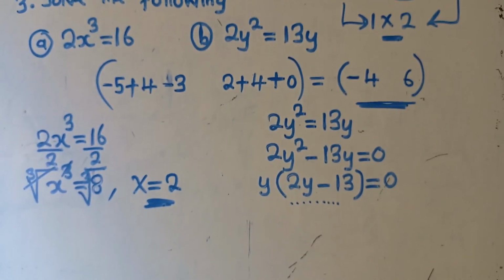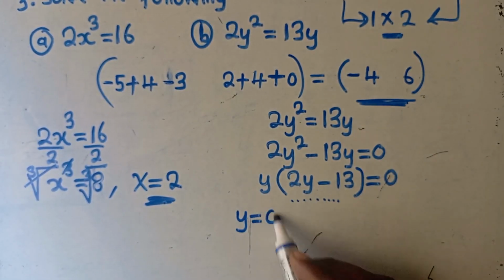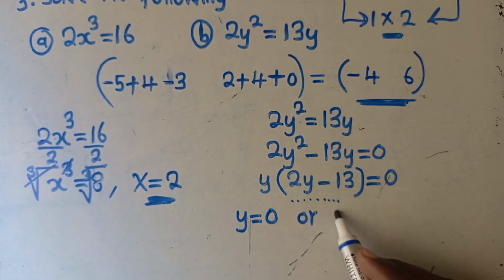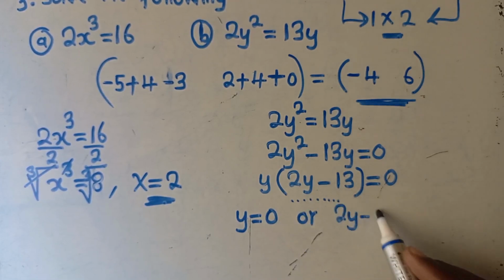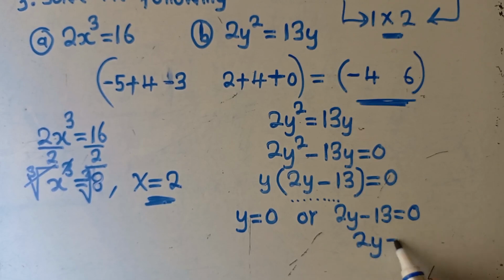So what we are going to do here, I'm going to say this is y is equal to 0, or I'm going to say 2y minus 13 is equal to 0. I now solve this, where I'm going to have 2y is equal to, when this one goes to the other side, it becomes 13. I divide both sides by 2.